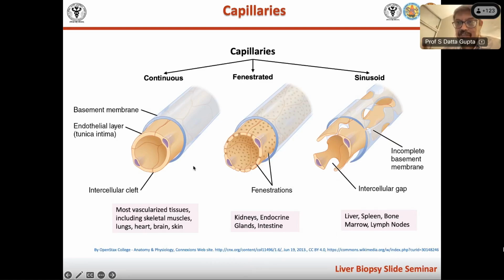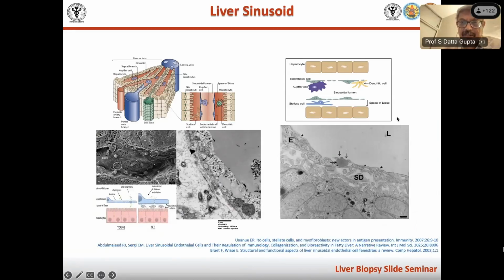Right. So I hope this is clear now. If anybody asks you anytime, now you understand the liver, isn't it? Right. So we go to the sinusoids in the liver. In the sinusoids of the liver, there's very easy cross movement. Remember, in the sinusoid there are three cells. You have the reticuloendothelial cells, endothelial cells, and of course you have the fat storing cells of Ito, or they are also called stellate cells.